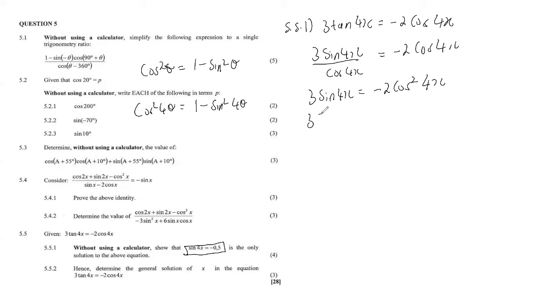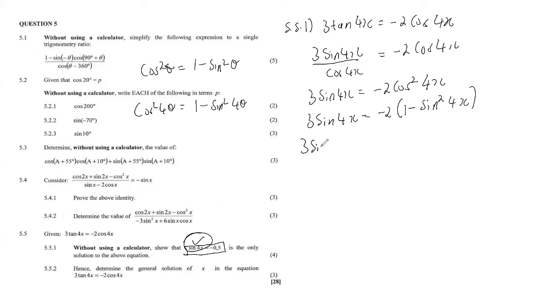So this is 3 sine 4x is equal to negative 2 times 1 minus sine squared 4x. The reason we are changing this one to that is because we want to make sure that we only work with one trig ratio. And as we can see here, our solution needs to end up being sine, which is why we are changing everything to sine.